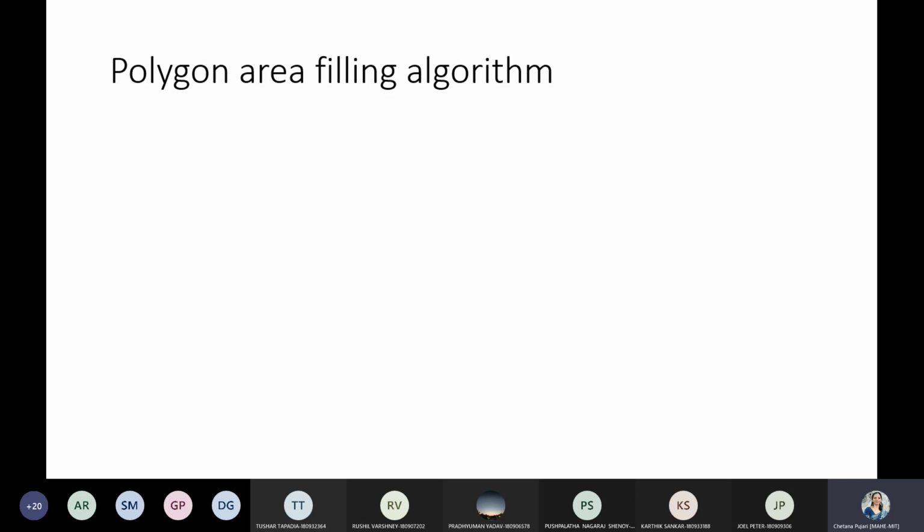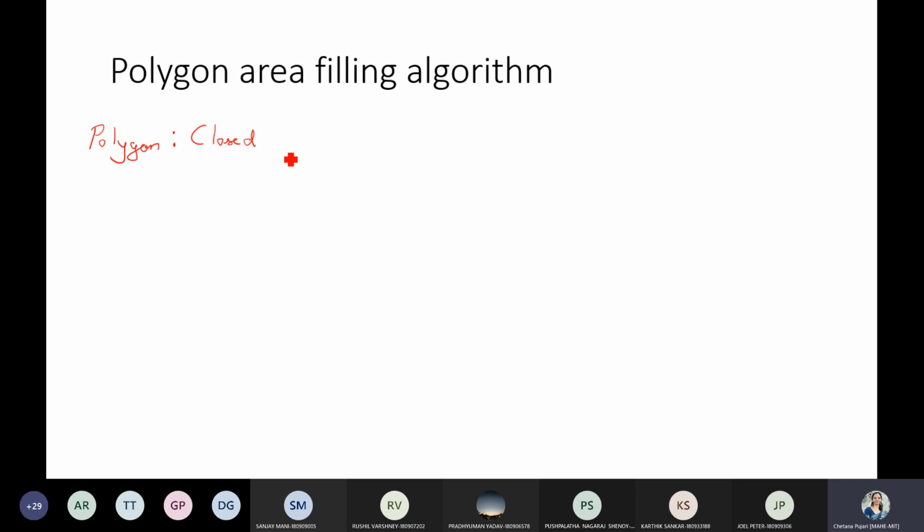So before we start, let's see what you mean by polygon. As I mentioned, a polygon is a closed figure. Any example you can give for polygon? Triangle, rectangle, pentagon, hexagon, octagon. Yes, polygons. So all closed figures, right?